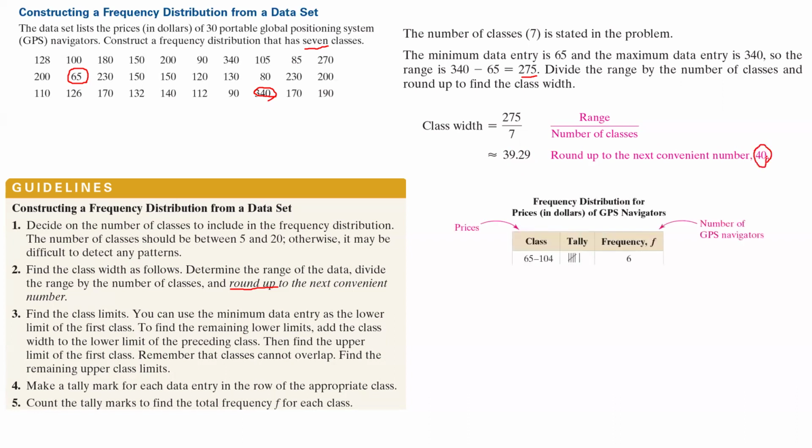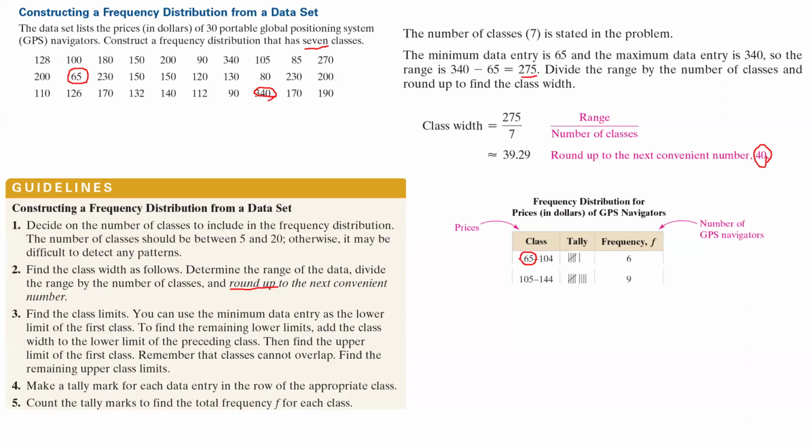Next, let us construct a nice table with tally marks and frequencies. Remember, to find the class limits, you can use the minimum data entry as the lower limit of the first class. So the lower limit of the first class is 65. This is the minimum value in our collection.